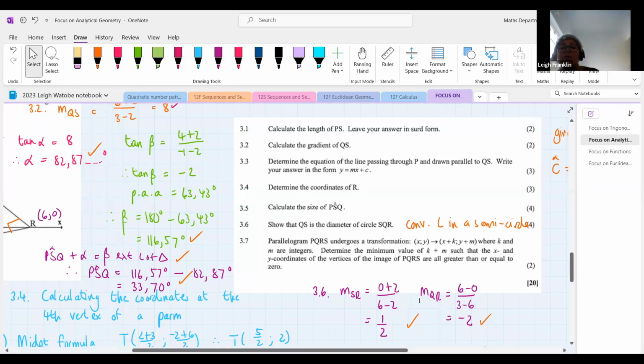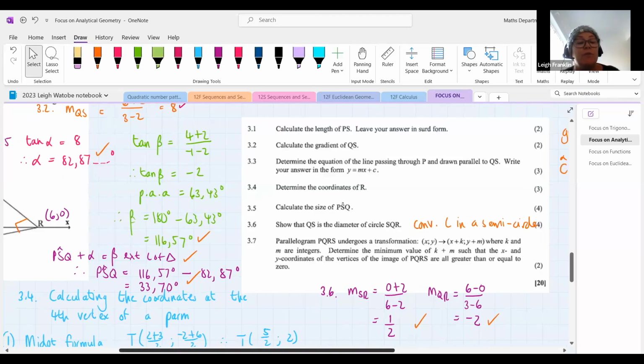Wow, what a mouthful. Okay, let's break that down. Okay, well, we all know what integers are. So that means that that bit is easy to understand. So they want us to add K and M together. So we've got to add the values, our integers together, such that the X and Y coordinates of the vertices of the image of this are all greater than or equal to 0.